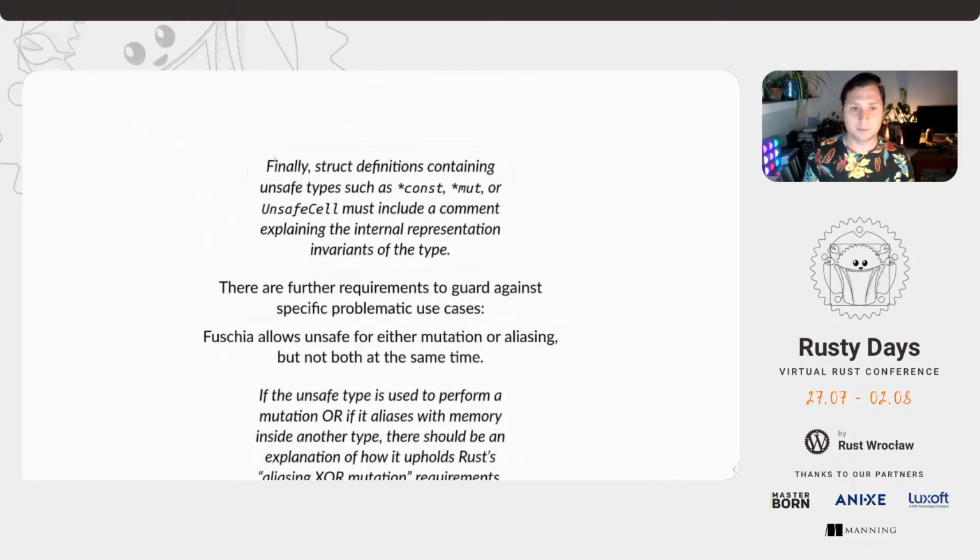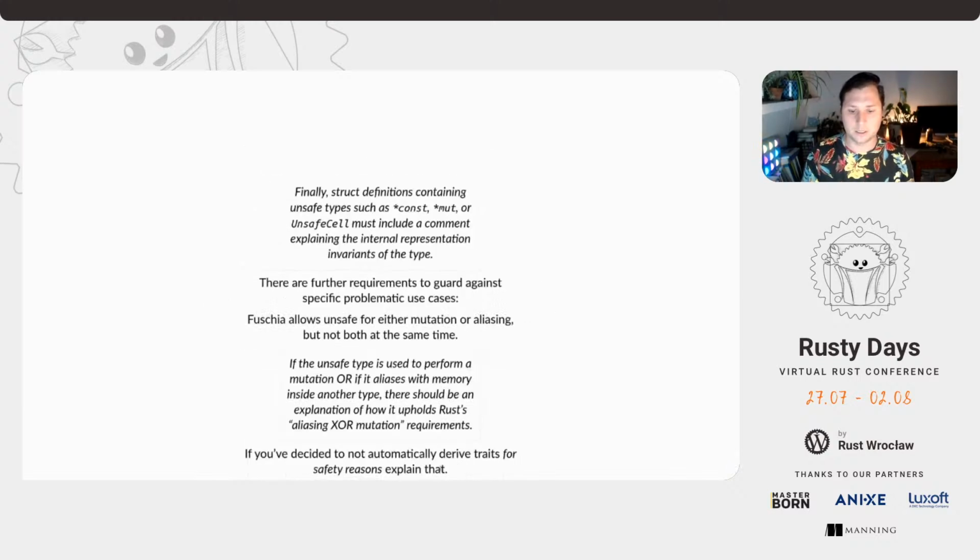So there's a couple of sections here. There are 3 particular types that the documentation calls out as being particularly dangerous: star const, star mut, or unsafe cell. So these are pointer types. They are specifically called out as things that need to be very heavily documented. And the comment down the bottom is talking about memory aliasing.